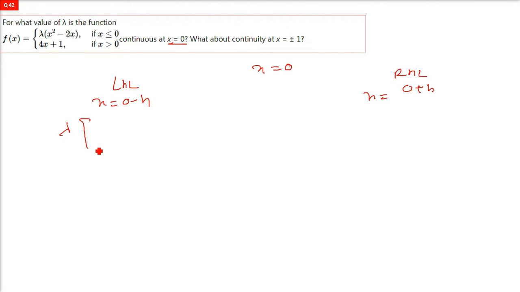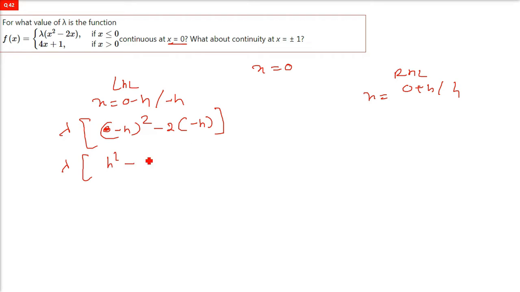This is lambda x square, that is, I am putting minus h only. So here also you can put h only. So minus h whole square, and minus 2 into minus h. And on the right hand side, we'll do the left, right hand side, but left will complete. This is h square.